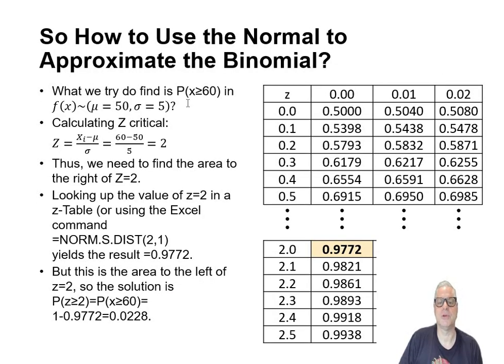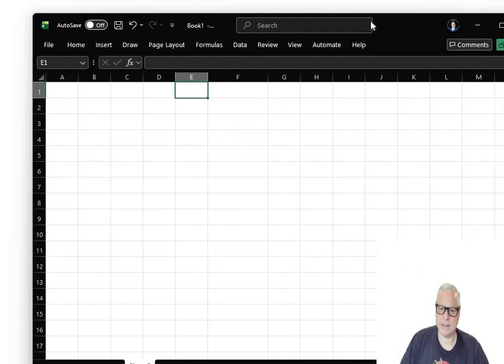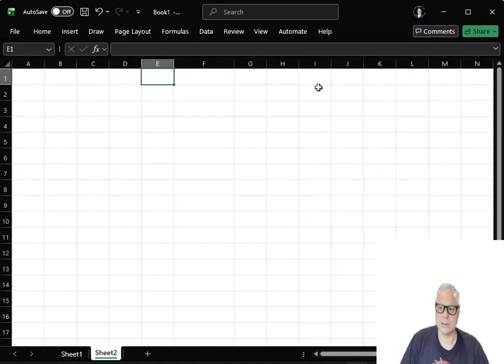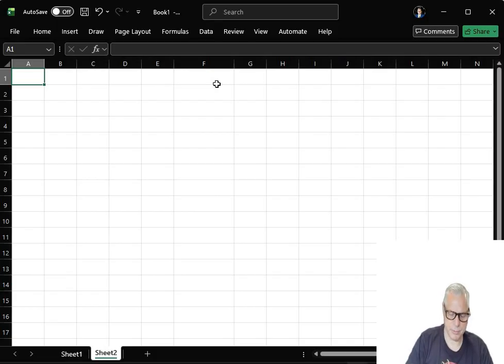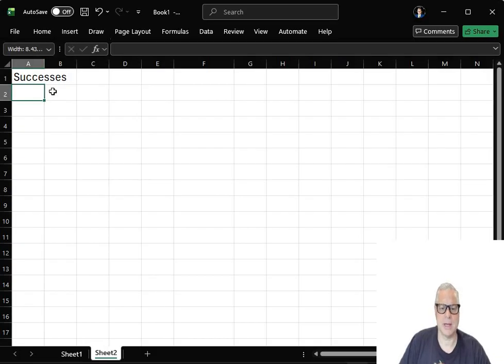Oh, here, what we try to find is the probability that we get 60 or more heads in 100 coin tosses. Okay, so let's do that first, using again the mathematically accurate distribution.